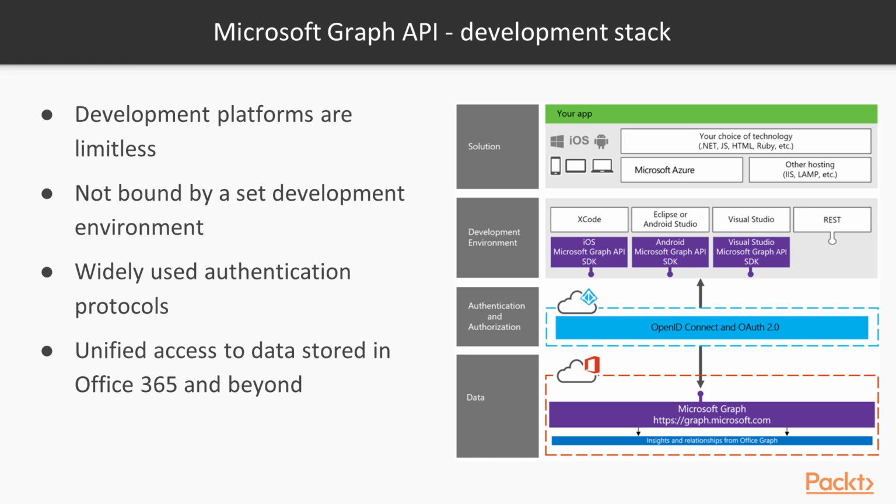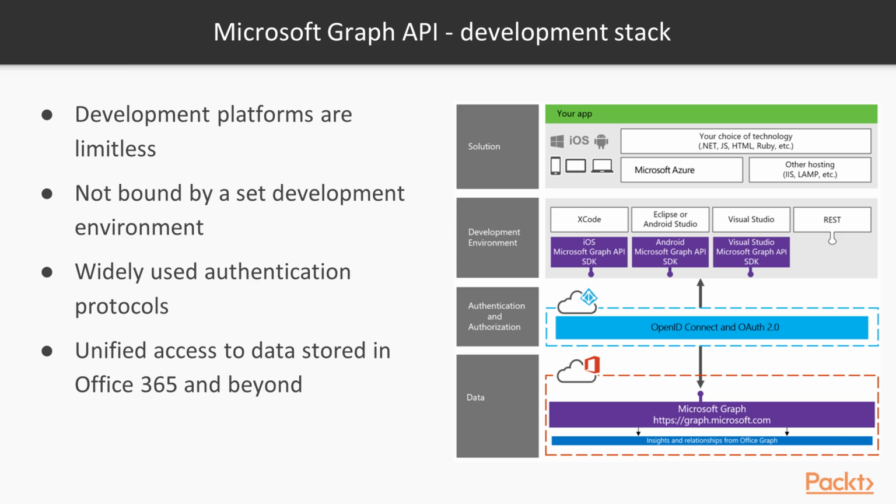Valid platforms can be Universal Windows applications, iOS or Android apps, .NET Framework, JavaScript, Ruby, etc. It can be hosted on multiple platforms, for example IIS or LAMP and Microsoft Azure. You are free to use any IDE you see fit for your development stack.